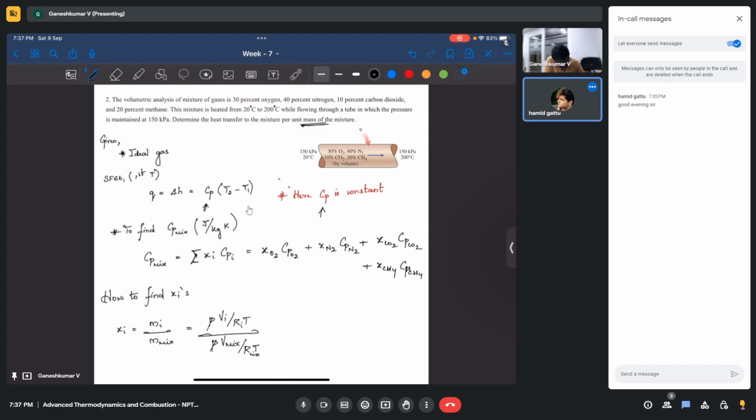So P will get cancelled, and T and T will get cancelled, because the individual constituents and the mixture have the same pressure and temperature.